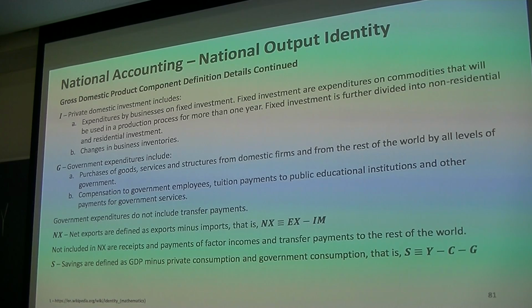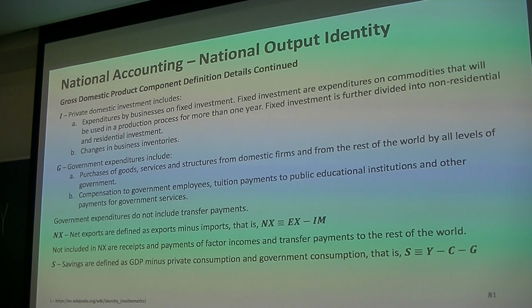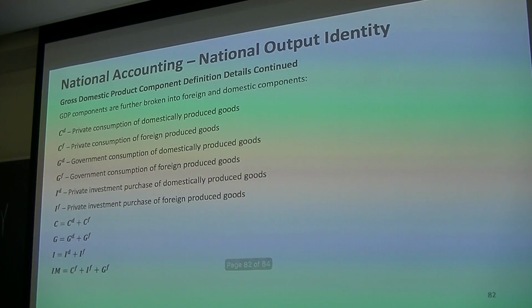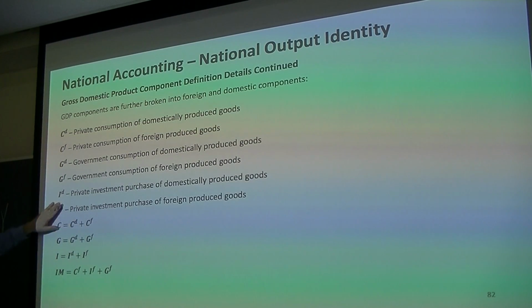What the government and the private sector consume, and what they don't consume is savings. That's net savings. So it's GDP minus consumption and government consumption. We go through and break out these components.